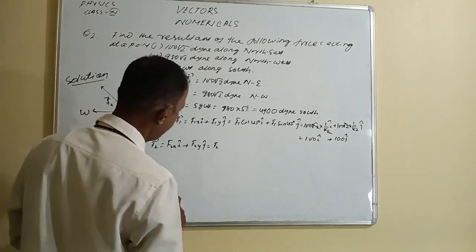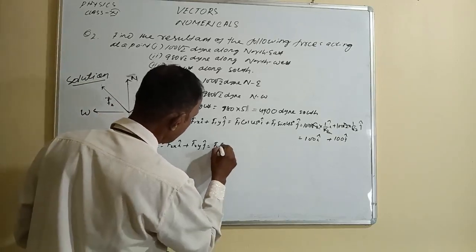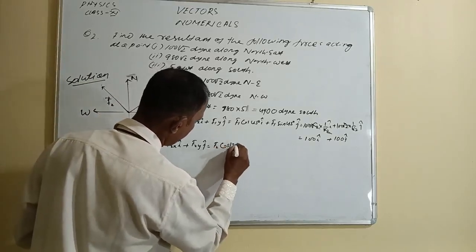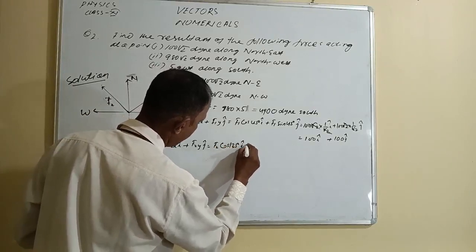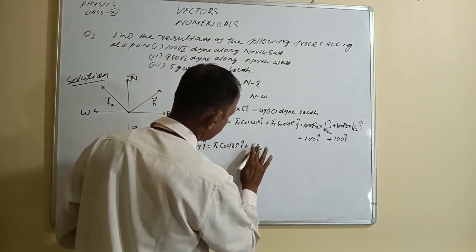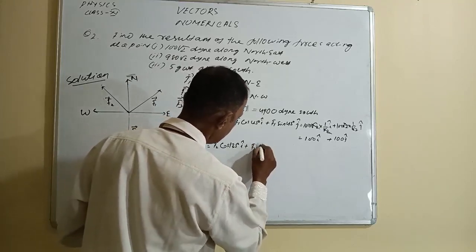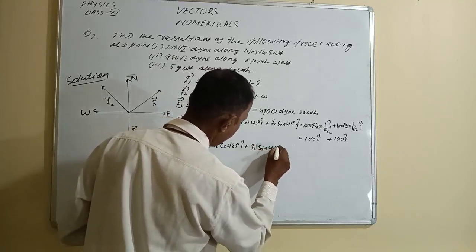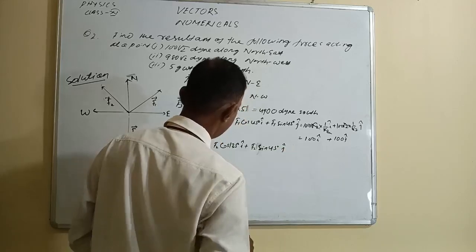So I can write F2 cos 135 degree i cap plus F2 sin 135 degree j cap.